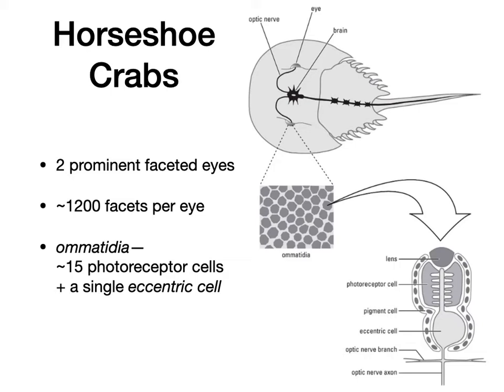So there's a bunch of photoreceptors you can see on the bottom right here, but the lens on the outside is the part that is actually taking the light in. So the light comes in there, the photoreceptors catch the signals as we've discussed, and then the eccentric cell does something and passes the signal on. The question is, what is that something? What are we doing at this stage?